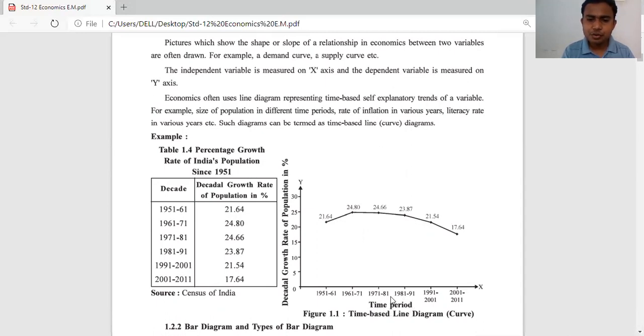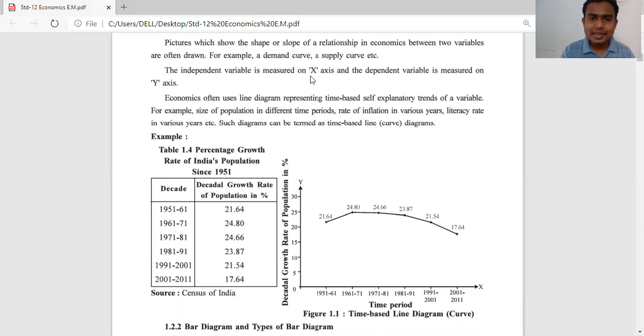So x-axis is showing time period. See, you can see over here time period. And what information y-axis is showing? Y-axis is showing decadal growth rate of population in percentage. So you have to write down the information that is presented on x-axis and y-axis also, the names.